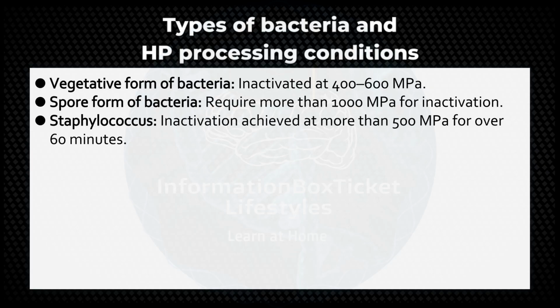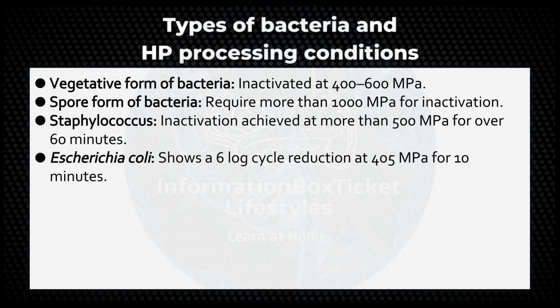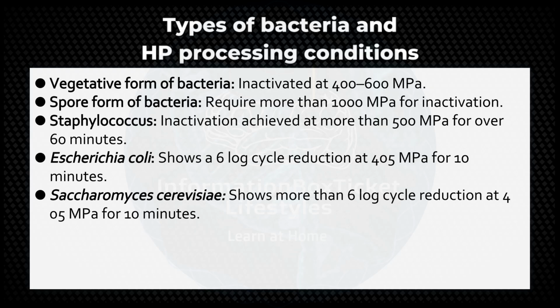Staphylococcus, inactivation achieved at more than 500 megapascals for over 60 minutes. Escherichia coli, shows a 6-log cycle reduction at 405 megapascals for 10 minutes. Saccharomyces cerevisiae, shows more than 6-log cycle reduction at 405 megapascals for 10 minutes.